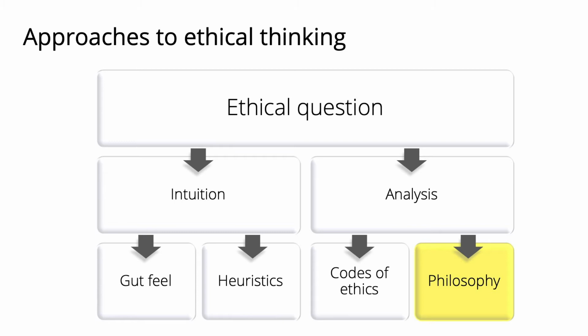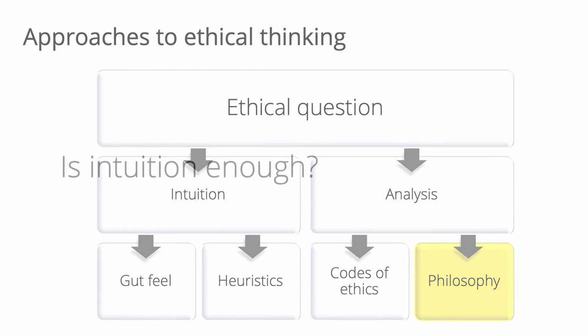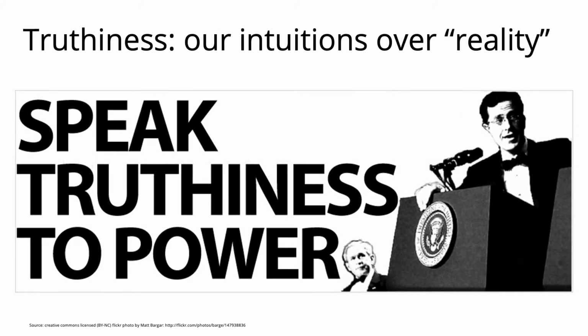So, how can we go forward? Well, let's look at intuition. A big question is, is intuition enough? The thing about intuition is it's a sort of gut feeling. It's a gut feeling in the sense that it's something that feels right. Even the heuristics we use feel right to us.